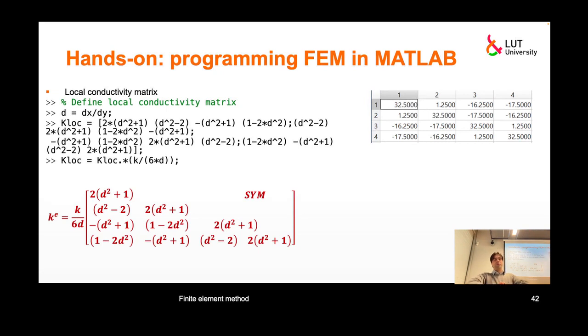Okay, so not so many more things are left for us to solve this problem. This conductivity matrix, and we start with the local conductivity matrix. I copied it here. This is the one that I showed previously. And I just need to put it into MATLAB in any convenient way.